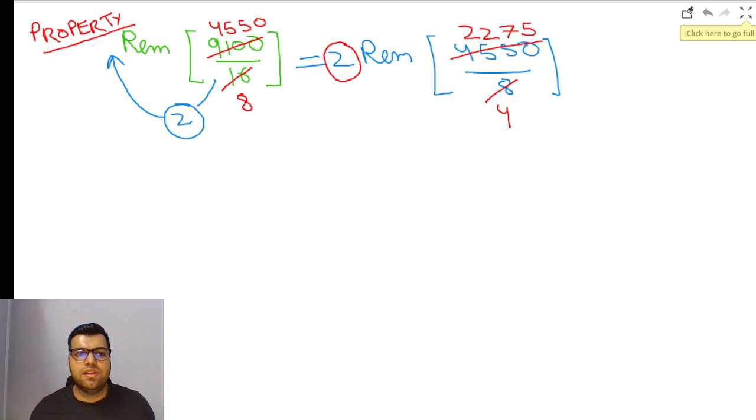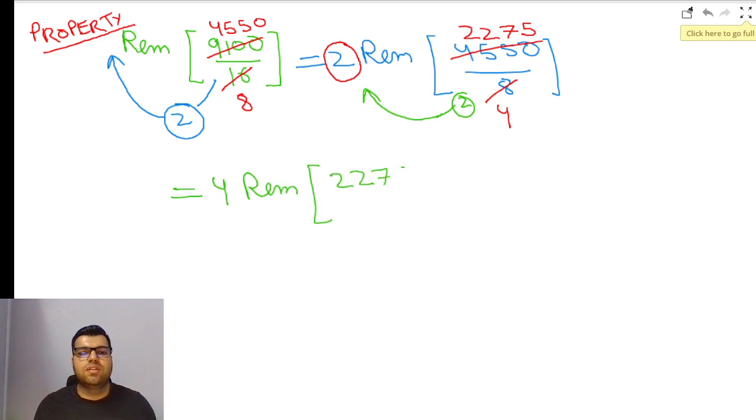Now again, since we have divided both dividend and divisor by a factor of 2, we will take this factor out of the REM function. So this becomes 4 times REM 2275 by 4.